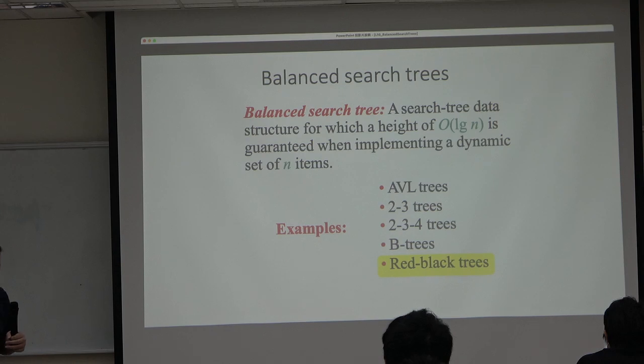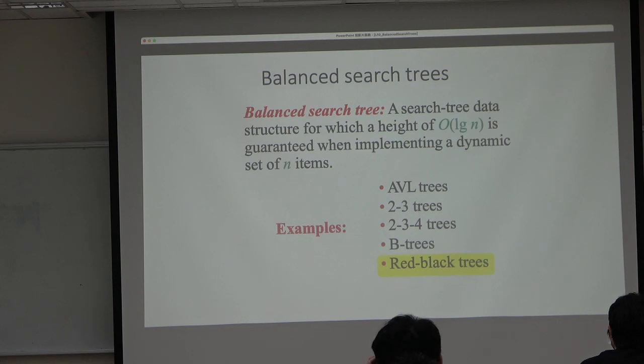Obviously, if the height is guaranteed to be bounded by big O log n, it is very, very good, because a lot of things have something to do with the height. For example, insertion, search, or building a tree.